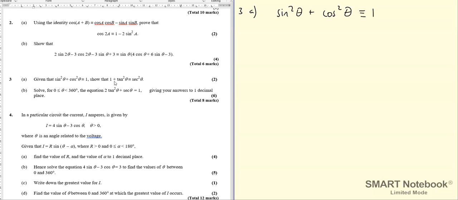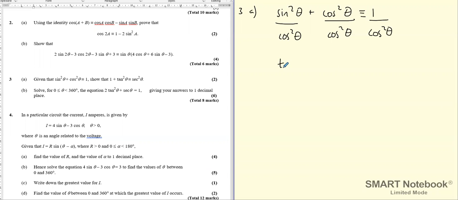We then have to think, okay, how can I get sec squared theta? Well, that is 1 over cos squared. And how can I get tan squared? That's sine squared theta over cos squared theta. So that tells me that I'm going to divide all terms by cos squared theta.